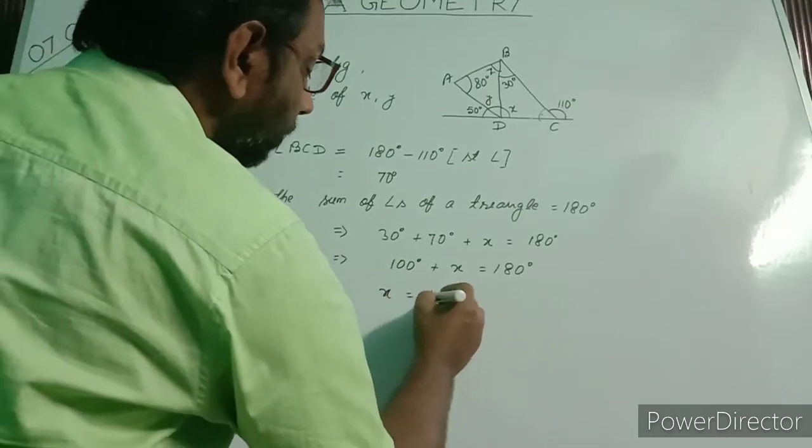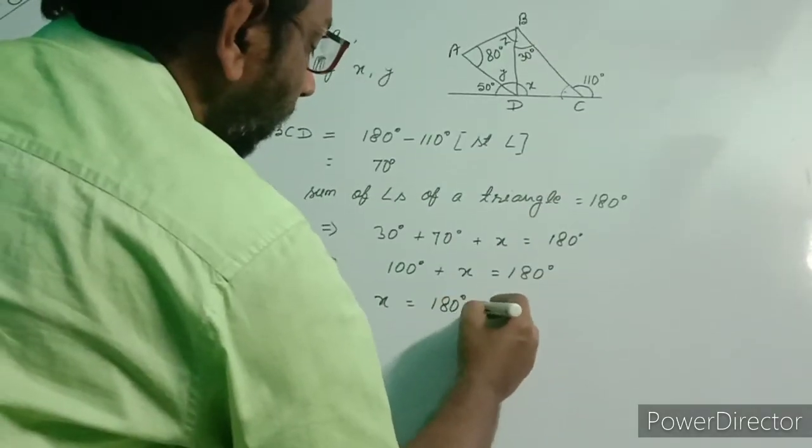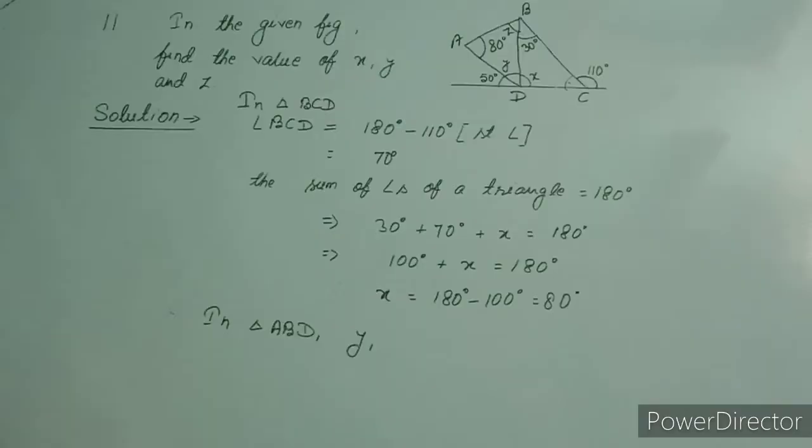Therefore x equal to 180 degree minus 100 degree.